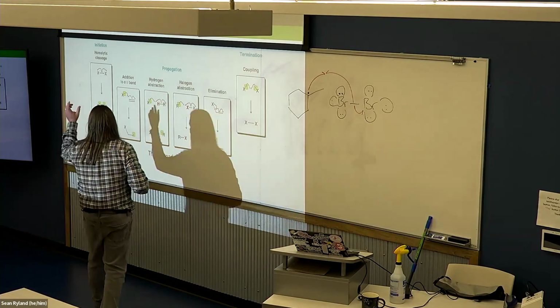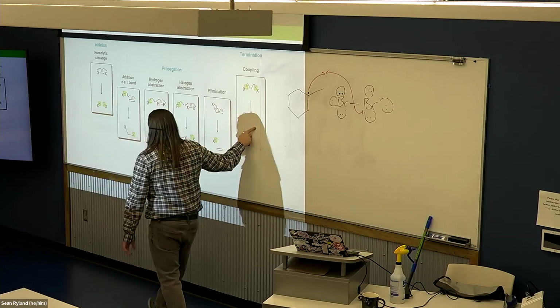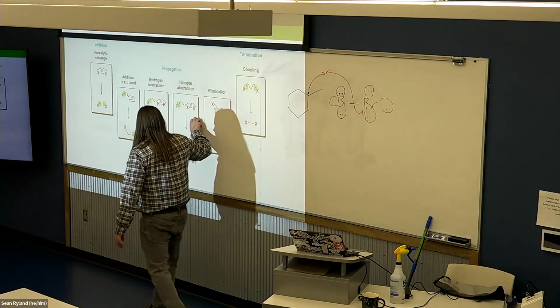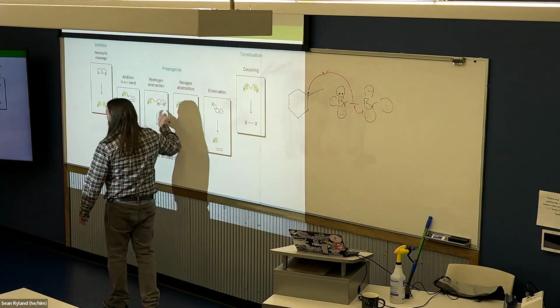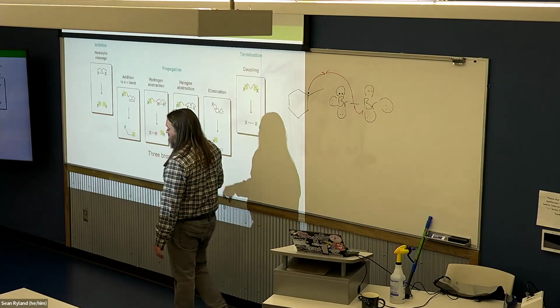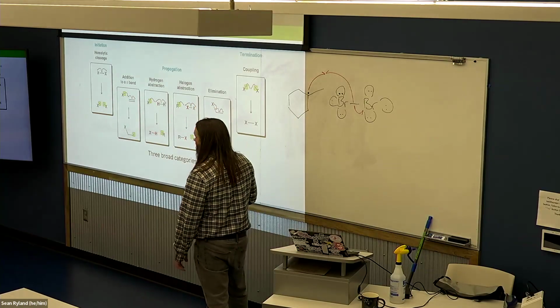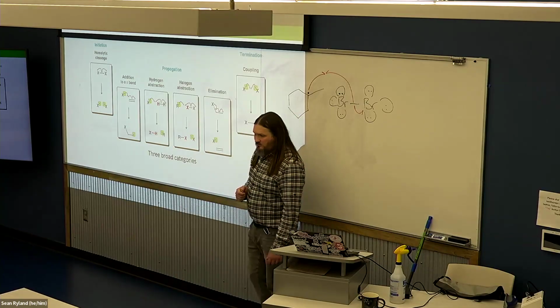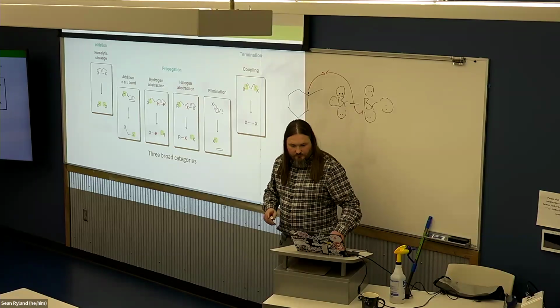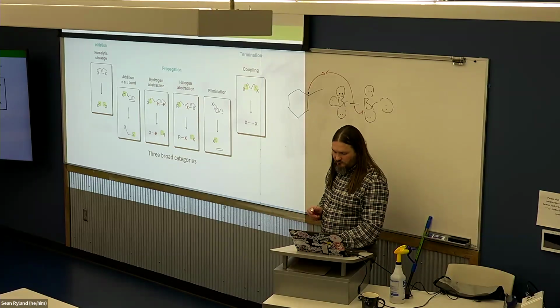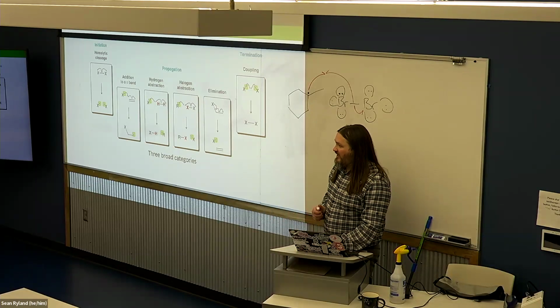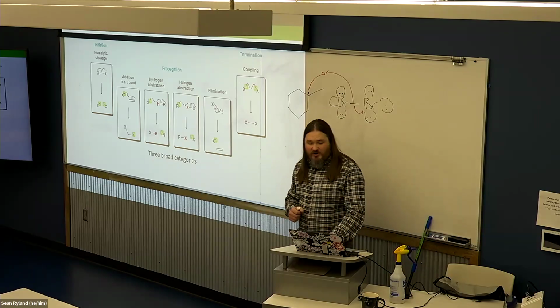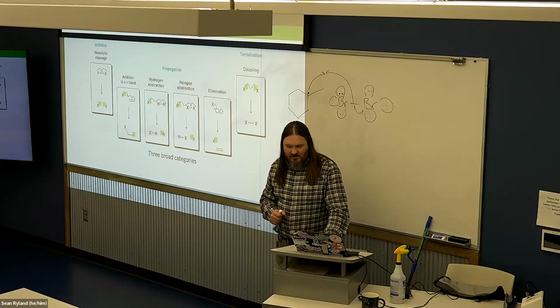So they're always going to start with an initiation, they're always going to end with a termination, and then the middle section is going to be one or more of these. Usually more, usually it's two propagation steps. So we'll do practice with that in a second. Let's start talking about what these reactions actually look like first, and then we'll take a quick break.